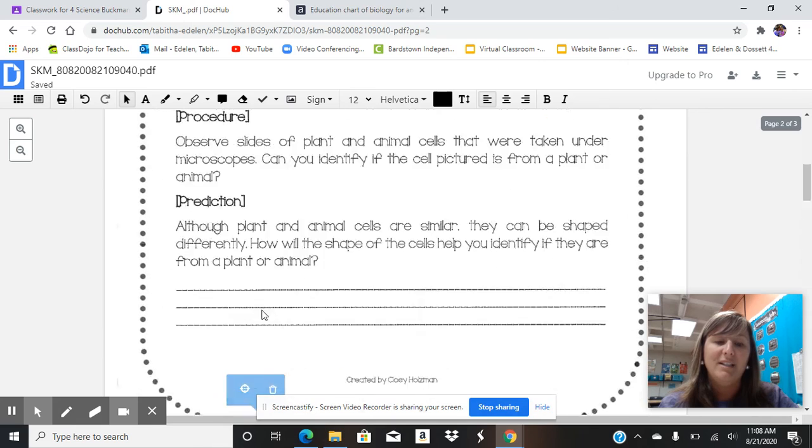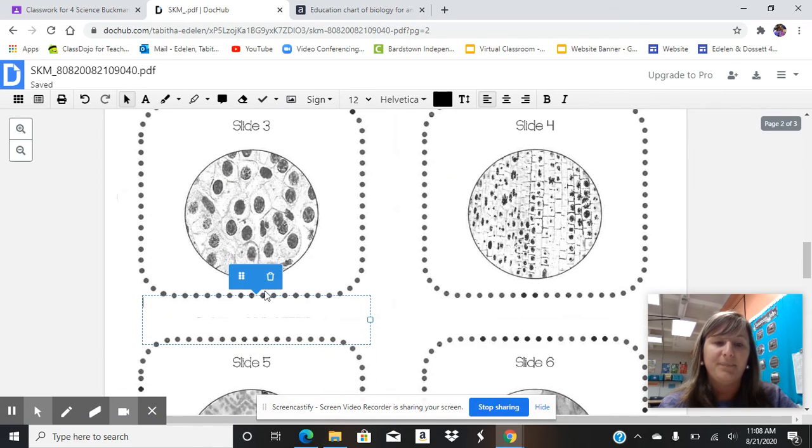And I'm going to go on to slide number 3. So look at this. Is this a plant or an animal cell? Look at its shape. Does it have a cell wall? Ask yourself that. So now this one's kind of hard to see. If you look, I can tell that they are not rectangular, they are circular.